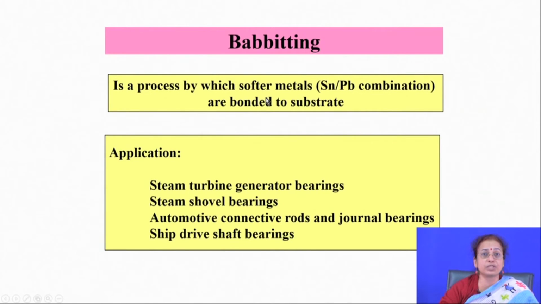So, it is mostly applied for improving the anti-friction property or to reduce the coefficient of friction. The typical applications include steam turbine generator bearings, then swivel bearings, automotive connecting rods and journal bearings and drive shaft bearing.